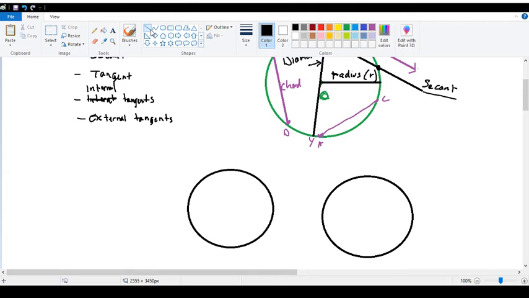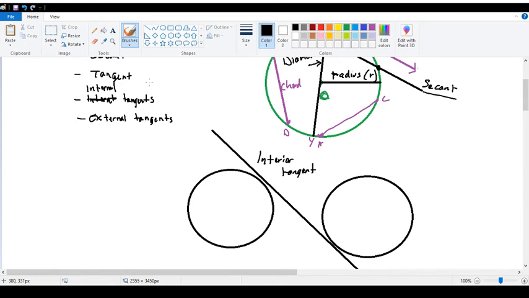So basically, if I have a tangent that touches two circles, like that, going through the interior of both circles, we call this an interior tangent.